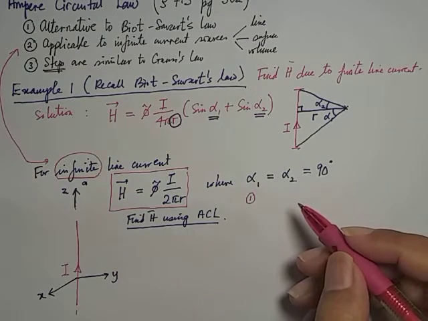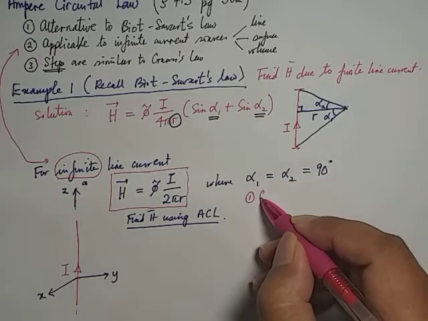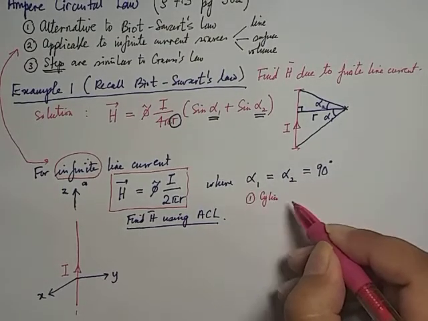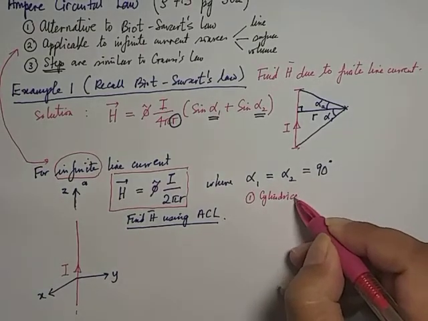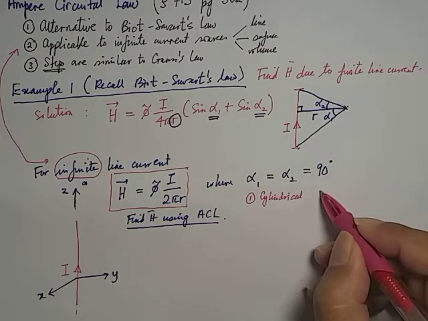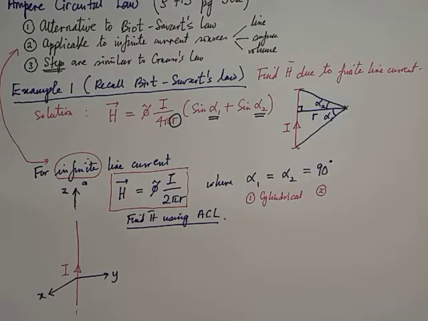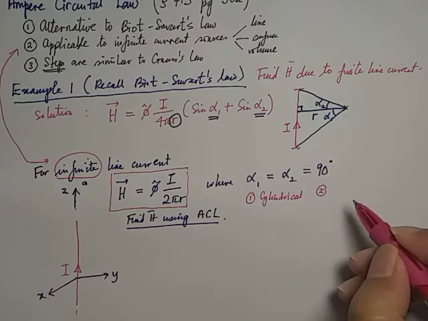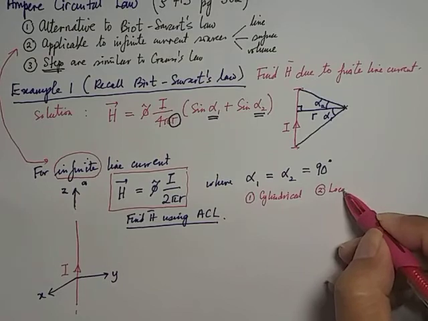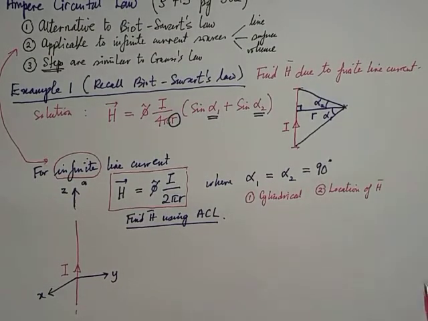So what should be the coordinate system we're going to adopt in this particular problem solving? Good, cylindrical. Okay, that should be the first step we're going to do in ACL. Okay, the second step should be determine the location of H. Okay, I'm going to put here location of H.